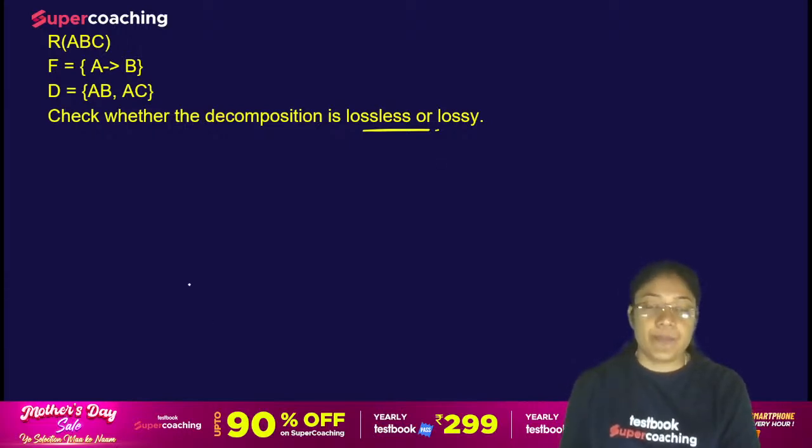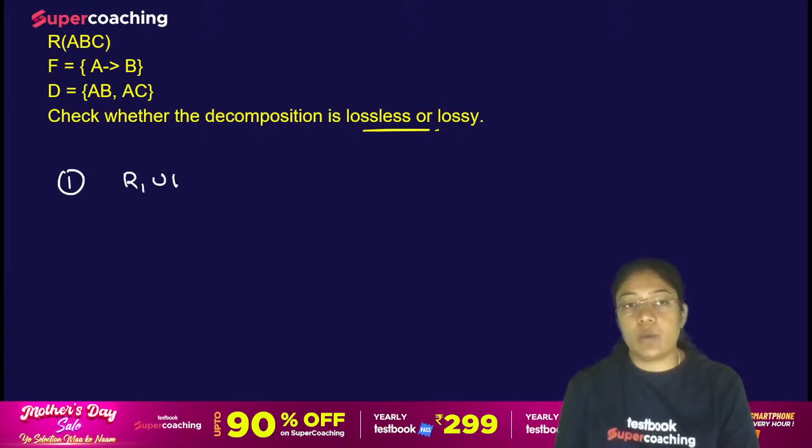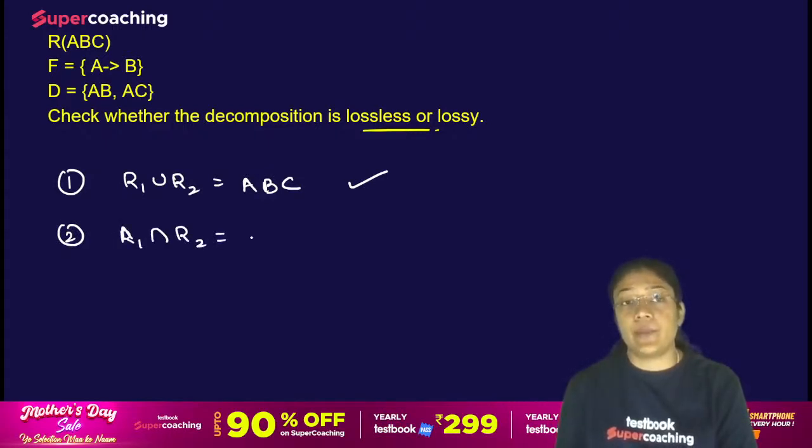Lossless. Okay. So step 1, take the union R1 union R2. You can see it is returning ABC. So yes, first condition is true. Second, the common attribute is A, so it is not equal to phi. Some common attribute is there. Find out the A closure.